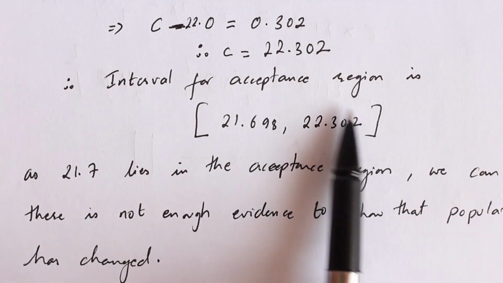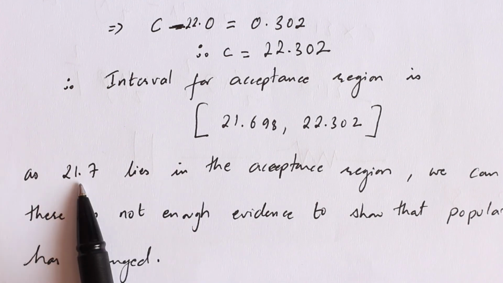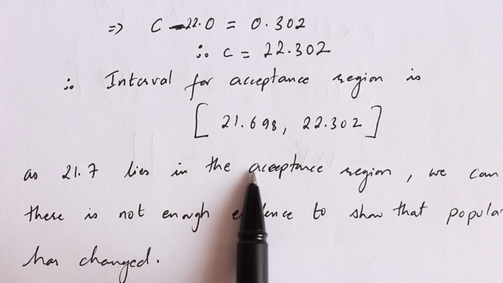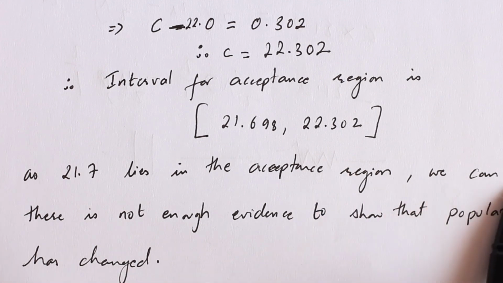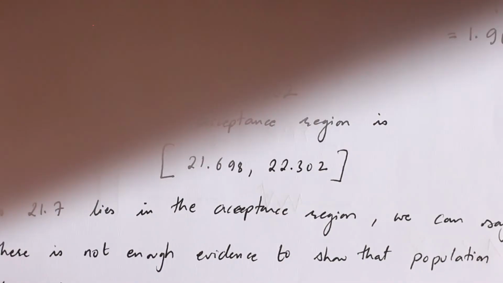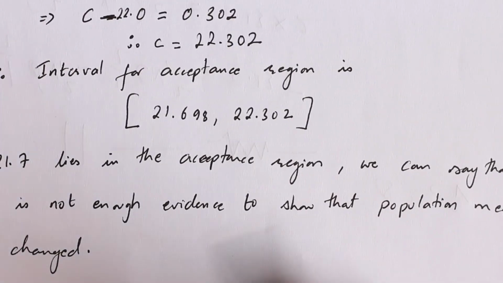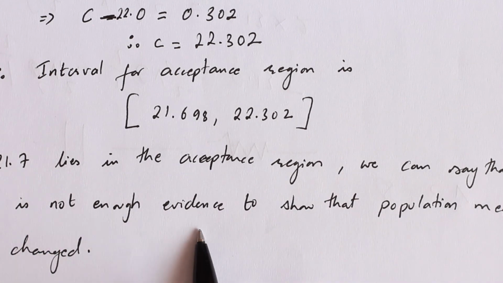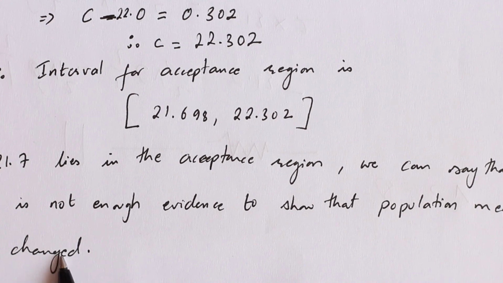This lies in the acceptance region, so there is not enough evidence to show that the population mean has changed.